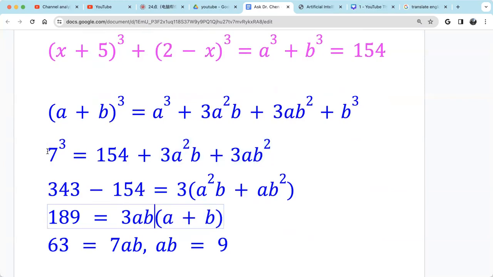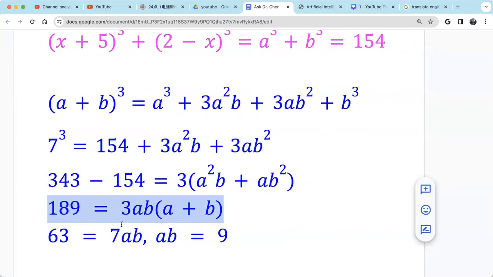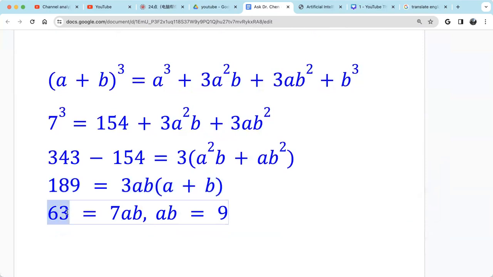On the other side, we have 7 cubed, which is 343. Moving 154 to the left-hand side becomes subtraction, so 343 minus 154 gives 189. Then we divide by 3 on both sides, so 63 equals 7ab, because a + b is 7. 189 divided by 3 is 63.